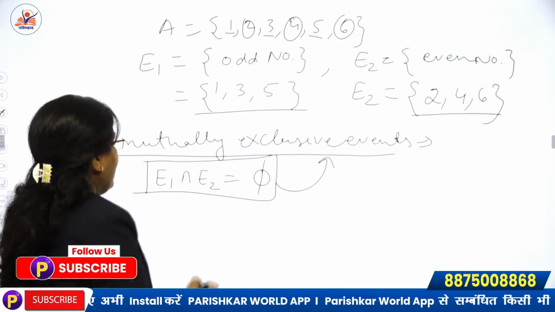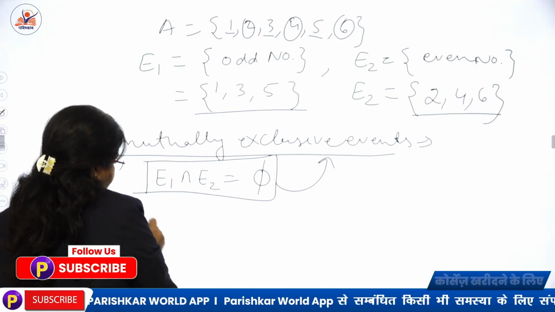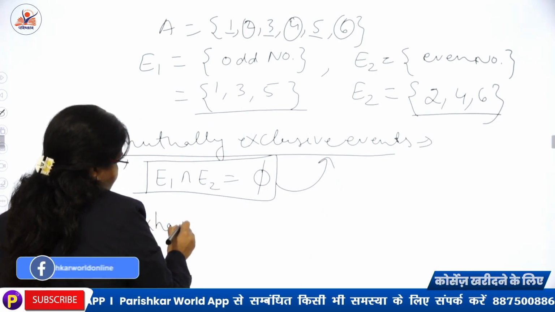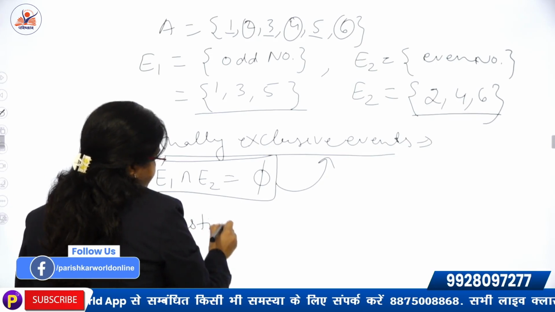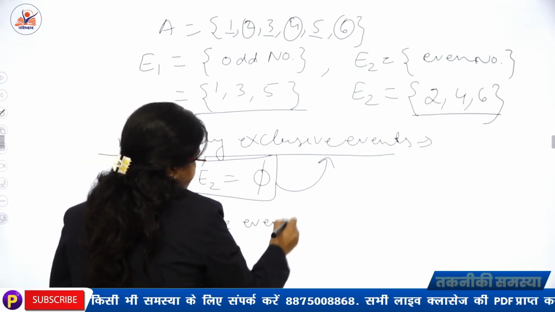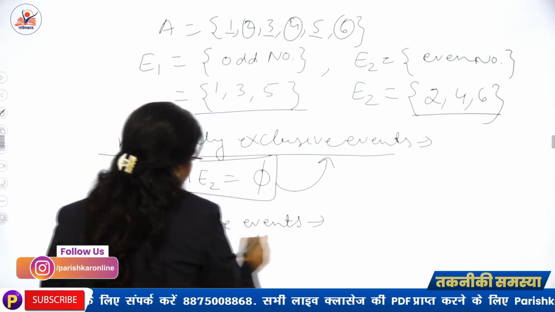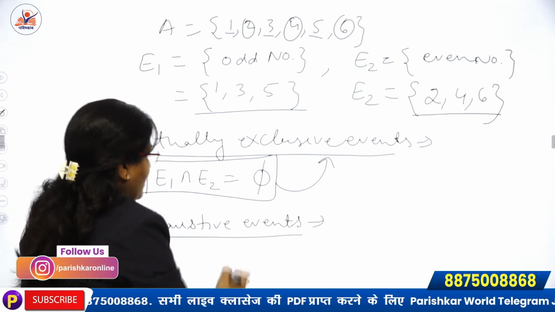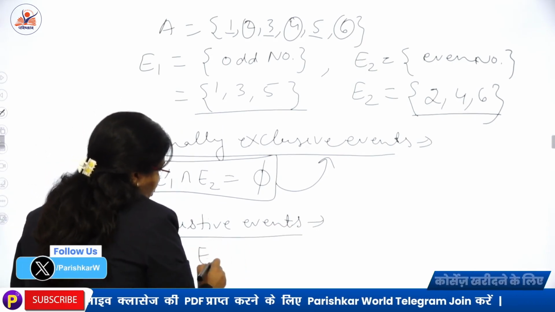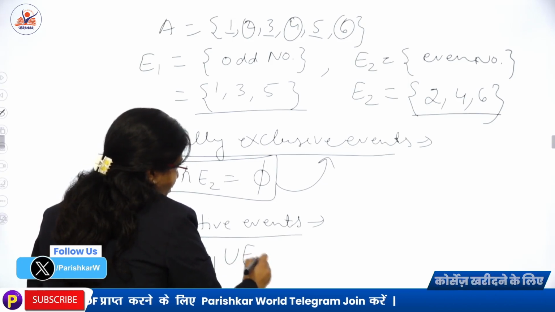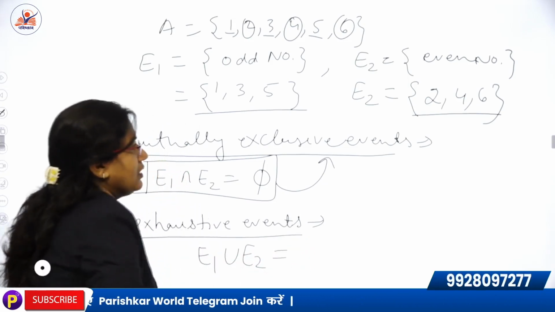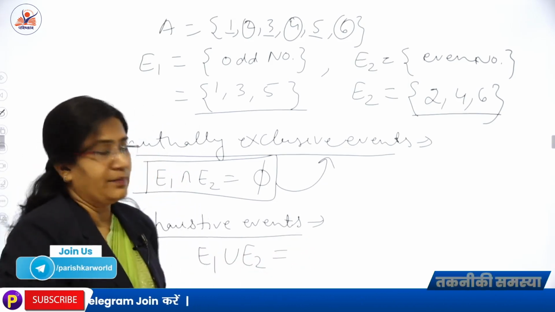Again we have exhaustive events. What are exhaustive events? If we find the union of both the events, E1 union E2, and we get the sample space again.